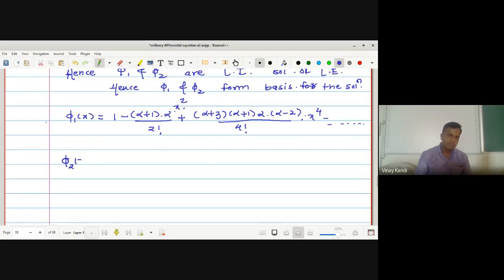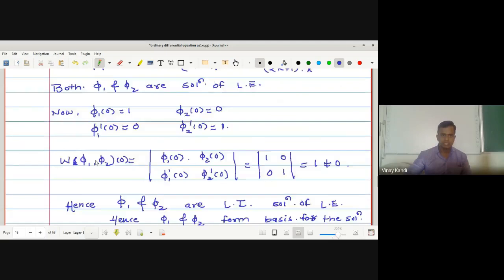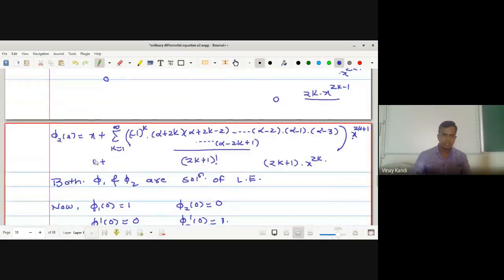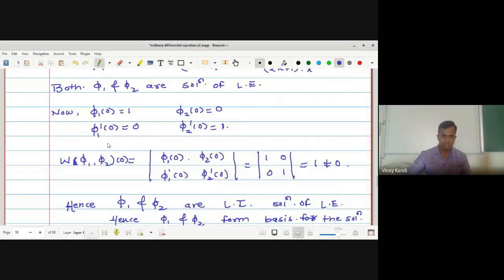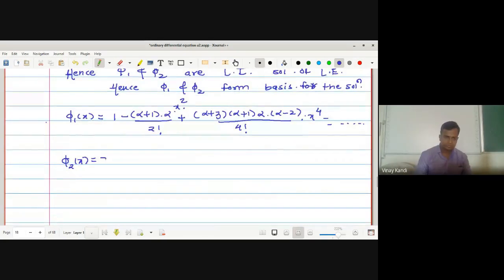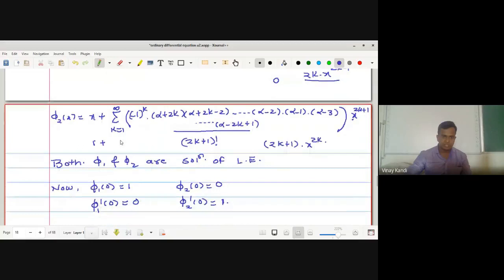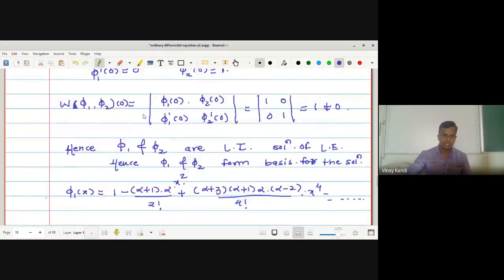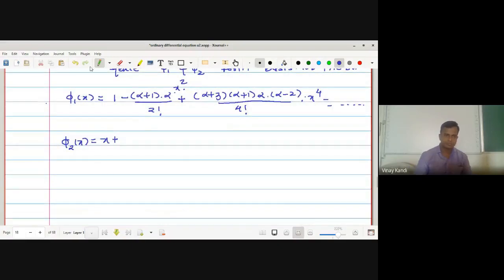Phi 2 of x काय येईल? Look at here, x plus. Put k is equal to 1 in phi 2 of x, minus 1 raised to k is minus 1. Okay, so here we get minus sign, x minus.